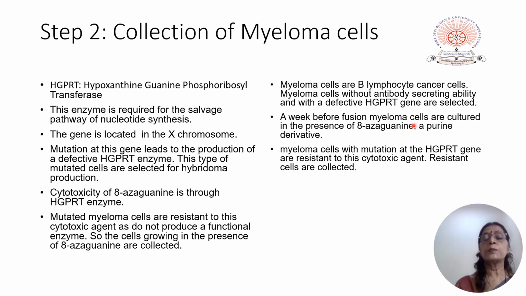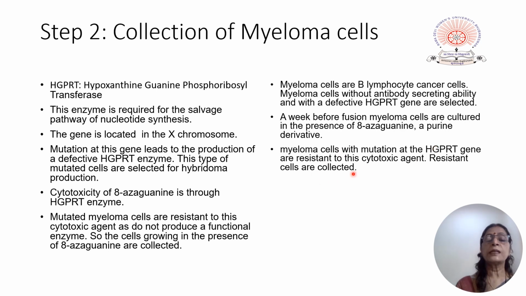These myeloma cells, before fusion, are cultured in the presence of 8-azaguanine, and 8-azaguanine is usually cytotoxic to normal cells, but the mutant myeloma cells are HGPRT negative and they are not killed by exposure to 8-azaguanine. The myeloma cells which are HGPRT negative are resistant to the cytotoxin 8-azaguanine, which is a purine derivative.